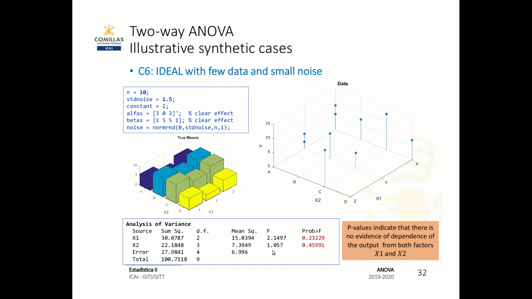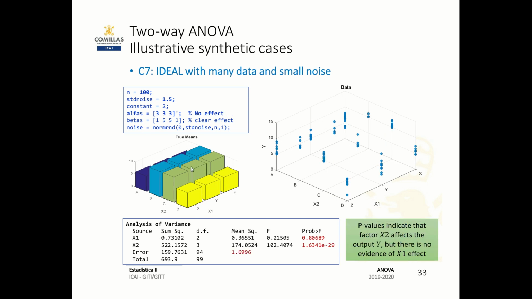And now we don't have enough evidence to show that x1 and x2 have different alphas and betas. So the p-value is not significant, and in reality they were different, but because we don't have enough evidence, we cannot show that the alphas and betas are really different from each other.